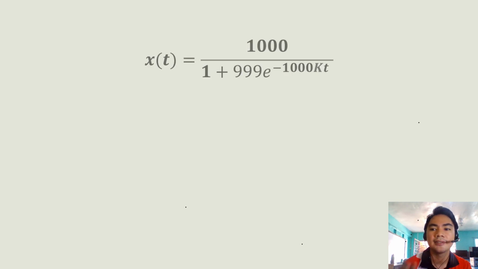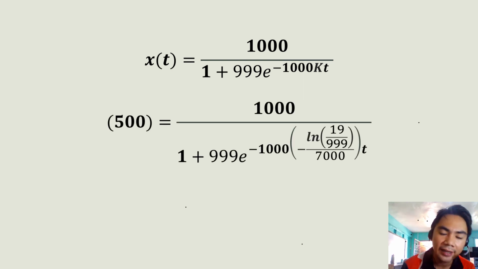That's the question. So we have this solution, x of t is equal to 1000 all over 1 plus 999 e raised to negative 1000k times t. Okay? So our x of t is 500 and our t is the missing value.